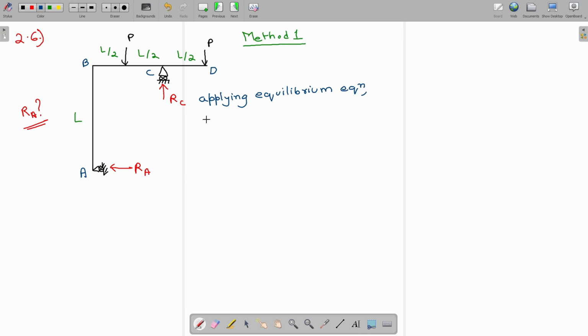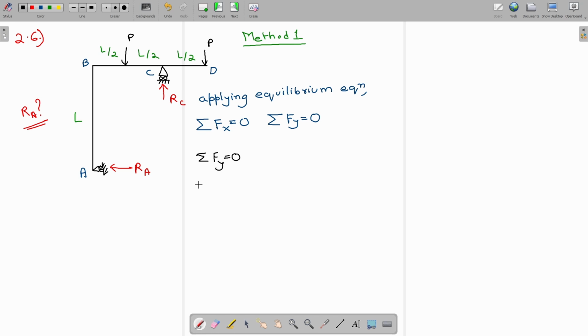What are the equilibrium equations? Summation of Fx, that is summation of all horizontal forces, is equal to 0. Summation of Fy, which is summation of all vertical forces, is equal to 0. First, summation of Fy is equal to 0.